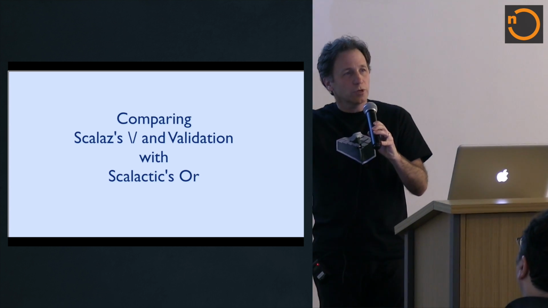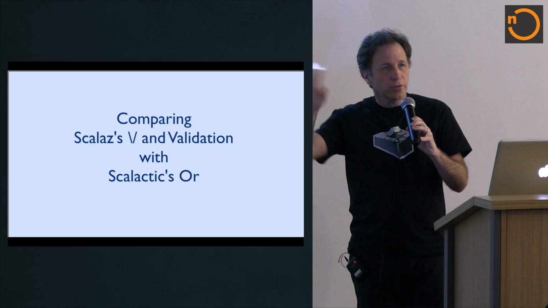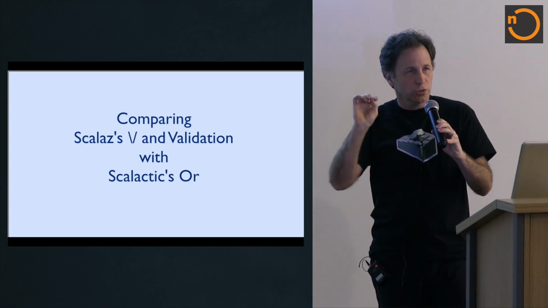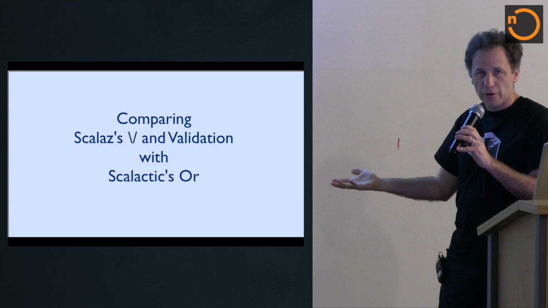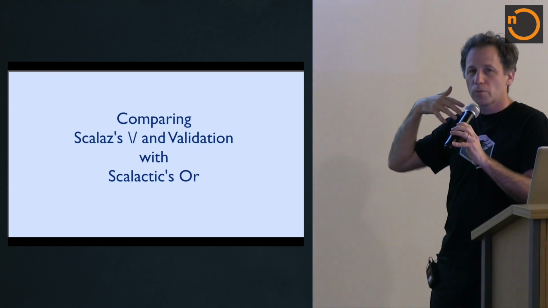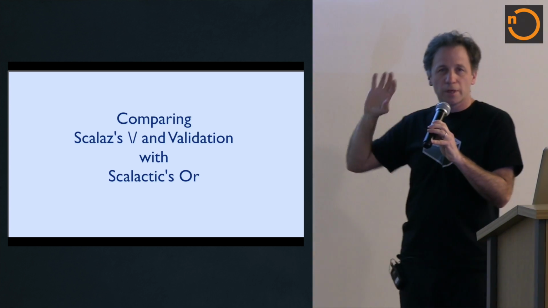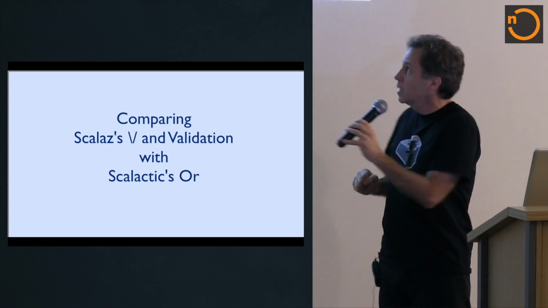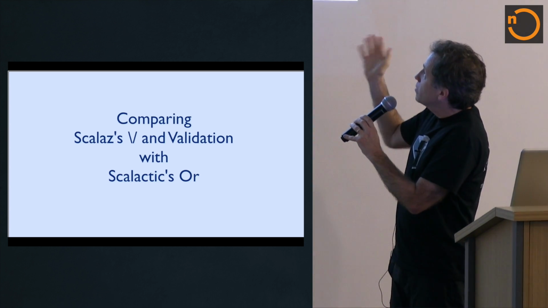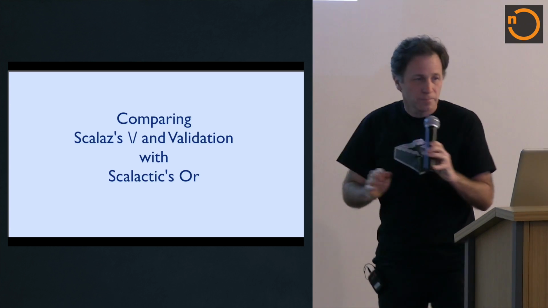If you put it in a for expression, you can combine many method calls that may succeed or fail, and it will short circuit and give you the first error. Validation is used for accumulating errors. So it's when you want to combine several method calls that may succeed or fail, but you want to know what all of the errors are.